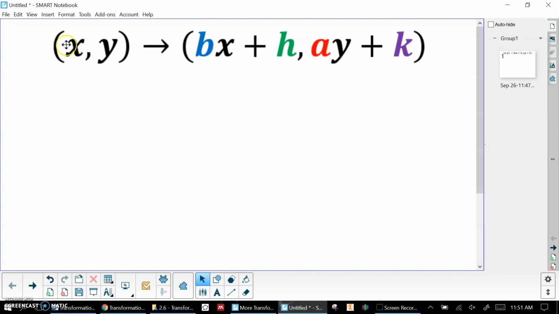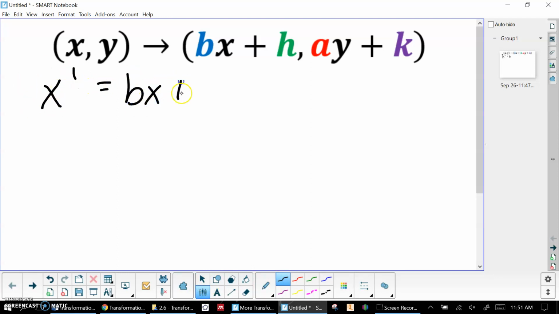In order to map x to b times x plus h, we're going to let x prime, the image of x, equal b times x plus h. And similarly, we'll let y prime equal a times y plus k. These are just the image points as equations from the original points.